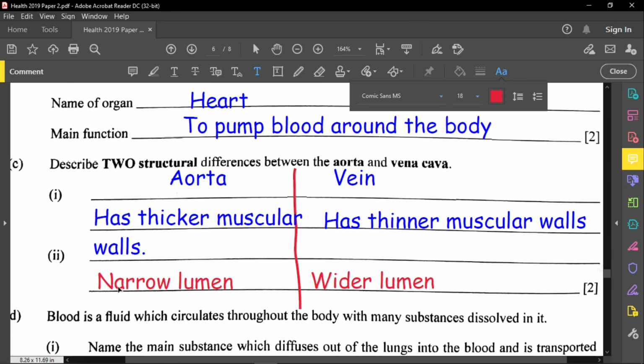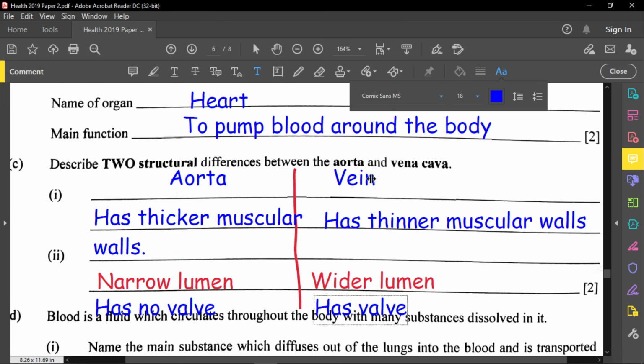They asked for two, and I'm going to give you three, so let's put this one in blue. Another difference is that the aorta has no valve. But the vein here, I'm going to change this to vena cava, as I realize I have vein there. The vena cava has valves, just to make a note right there.